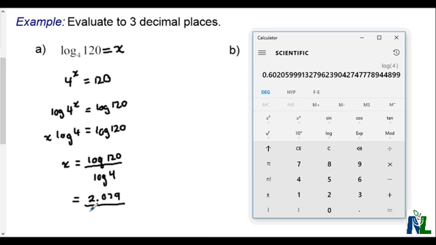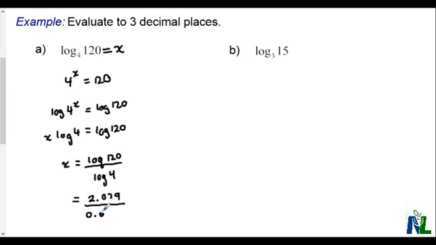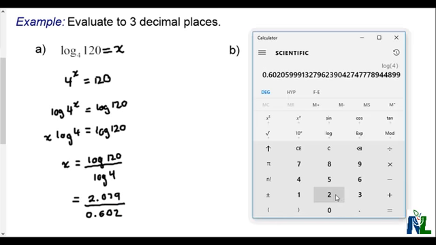So I'll use that for my denominator. Now dividing those, I have 2.079 divided by 0.602, and I get a value of 3.453.